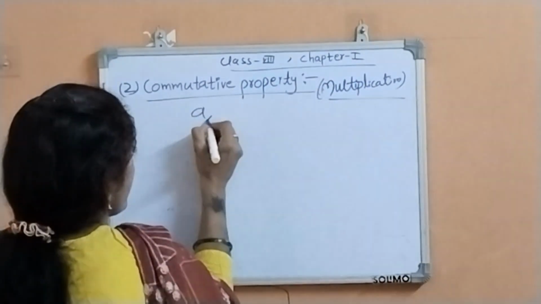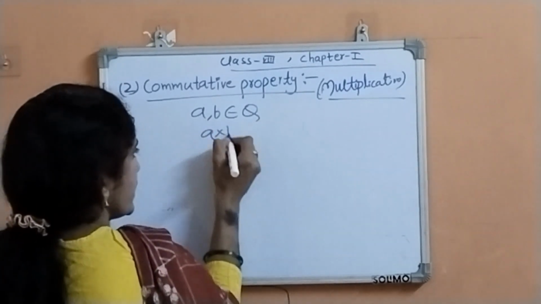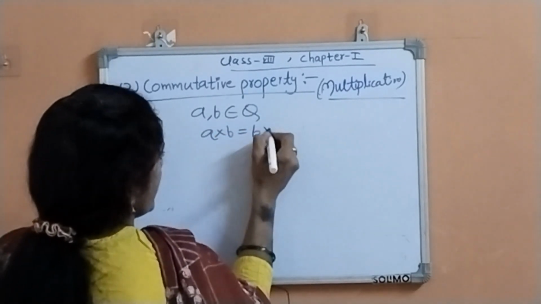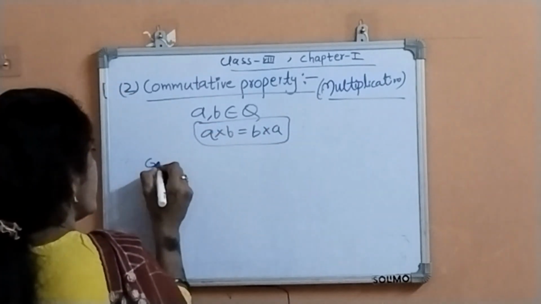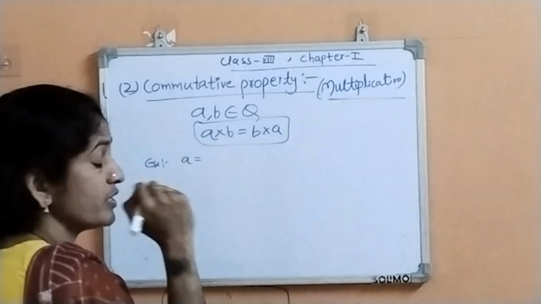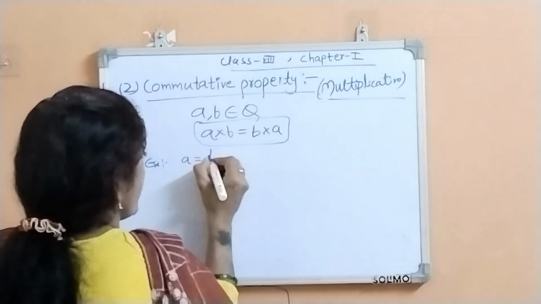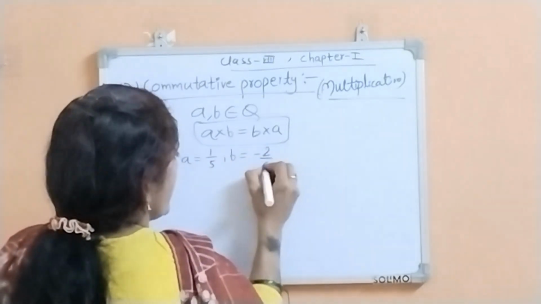So as usual I am going to take A comma B belongs to Q. So I am going to check whether A into B equals B into A or not. Okay, so as usual, for example, if we take A is equal to, tell me one fractional number. So 1 by 5, B equal to minus 2 by 9.